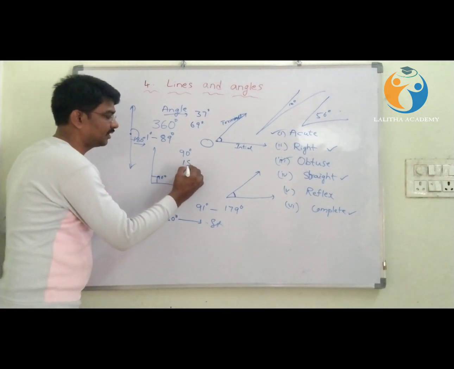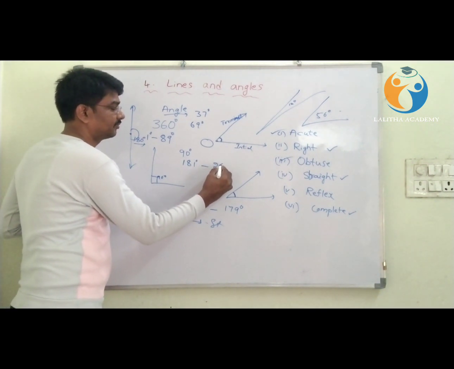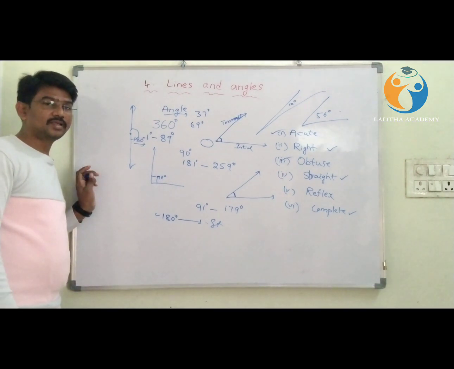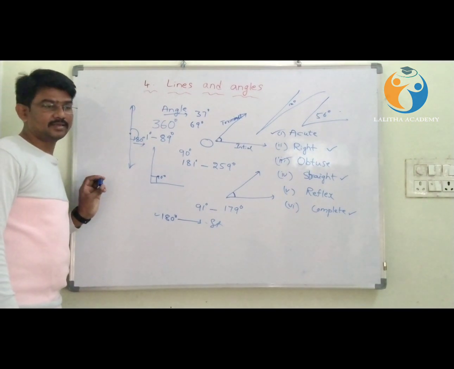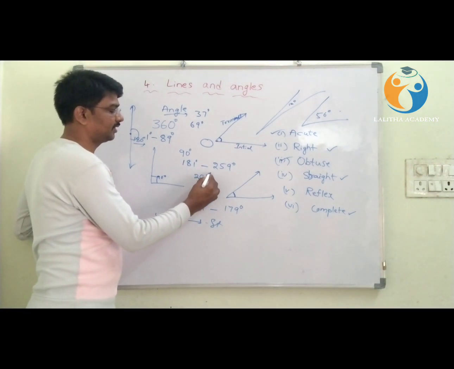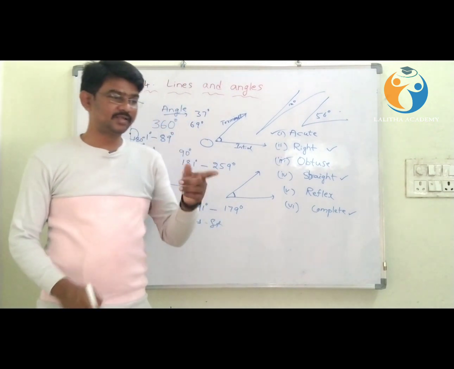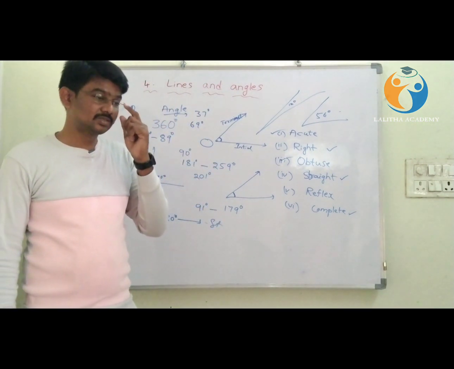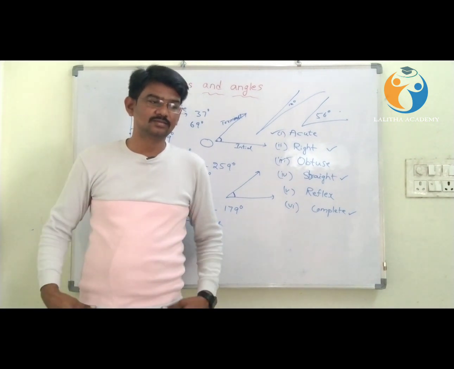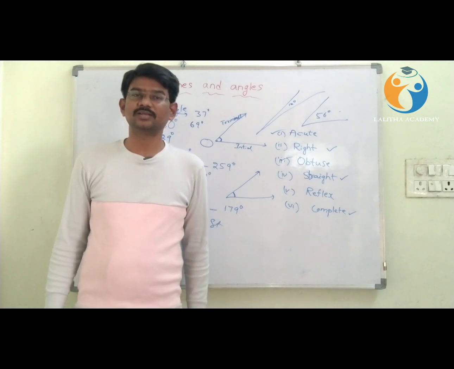Next, 181 degrees to 259 degrees, those angles are called reflex angles. 201 degrees, 224 degrees, 280 degrees, 254 degrees, 312 degrees, 344 degrees.